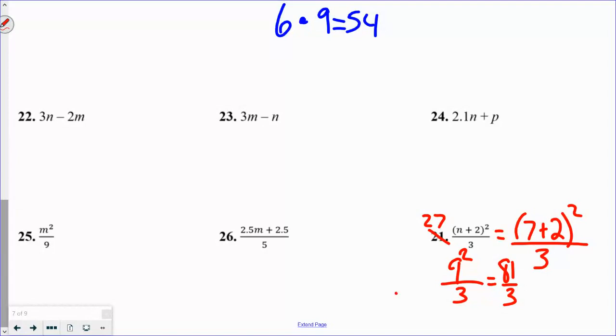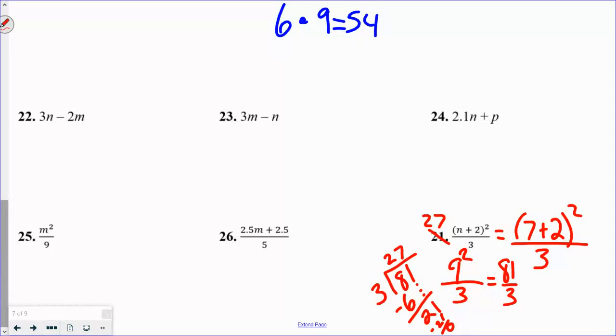And if you need to, do your long division. Okay, 3 goes into 8 twice, because 3 times 2 is 6. The 2 left over, then I bring my 1 down. 3 goes into 21 7 times. Okay, you need to do your division.